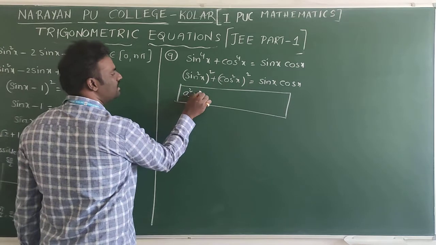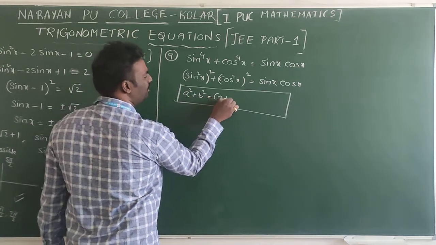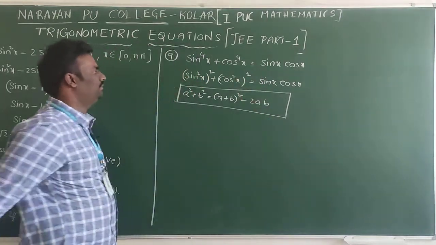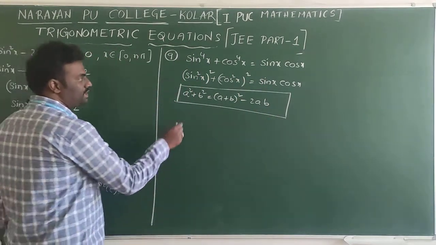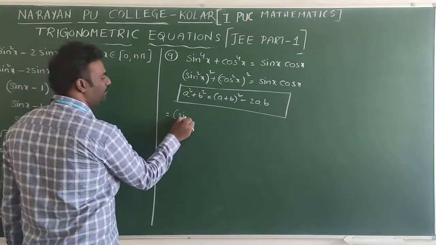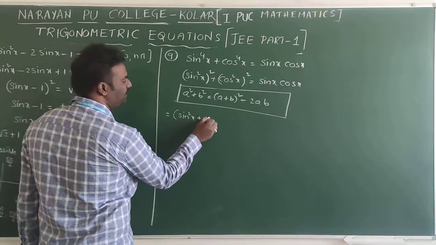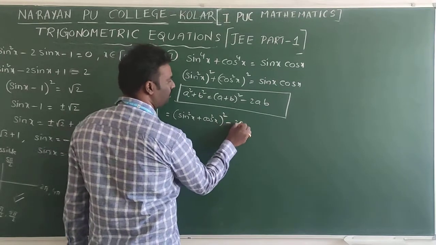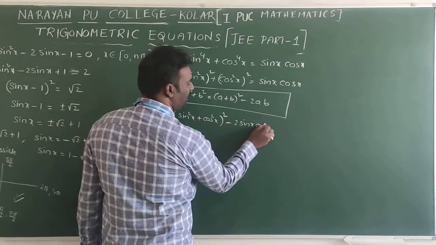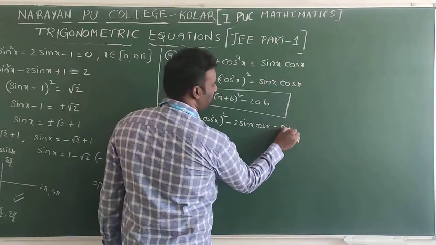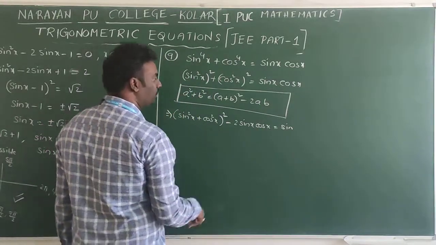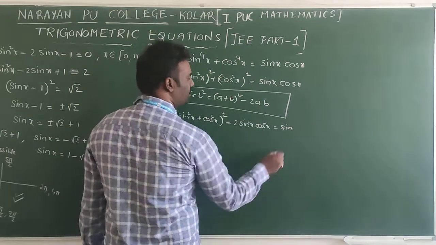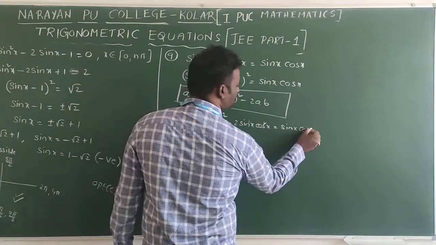A square plus b square is equal to a plus b whole square minus 2ab, that is the formula. If you apply this, a plus b whole square minus 2ab is equal to sin x cos x.